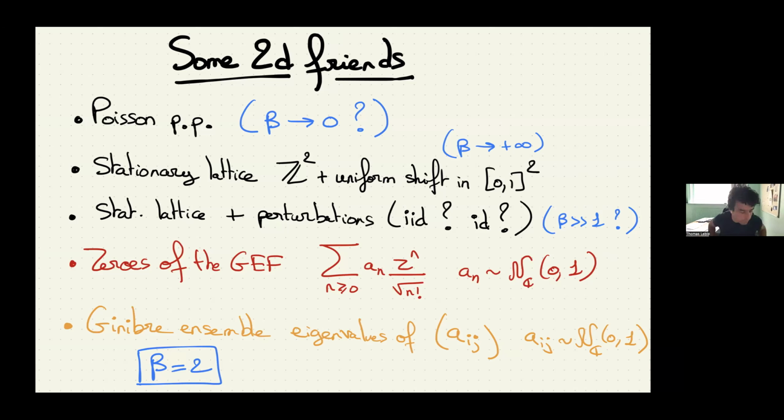The Poisson point process is the closest we have to infinitely many IID points. So the definition is, if you take a bounded domain, the number of points in this domain is distributed as a Poisson random variable of parameter the volume. And if you take two domains which are disjoint, then the number of points in those domains is independent.